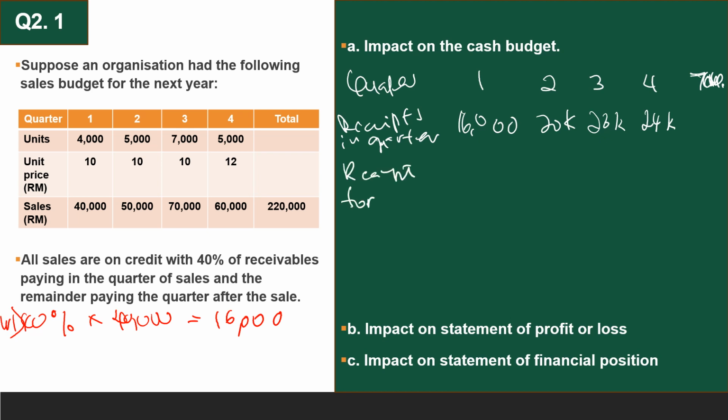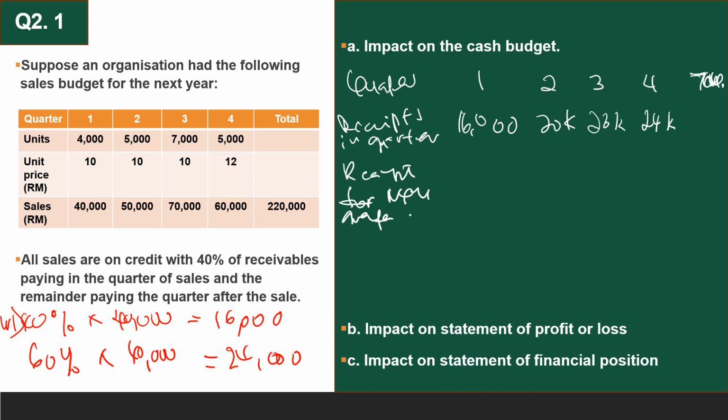Now the receipt for the next quarter. You don't receive it in the first quarter but in the second quarter, which is 60% times 40,000, you get 24,000.